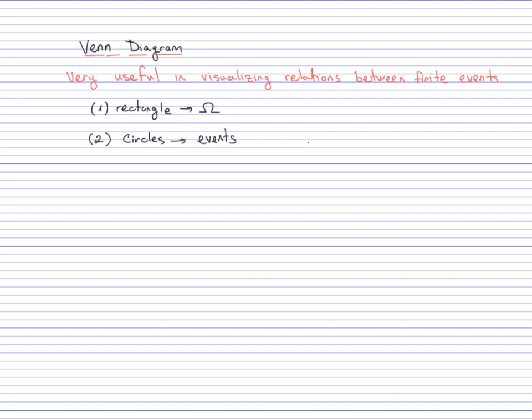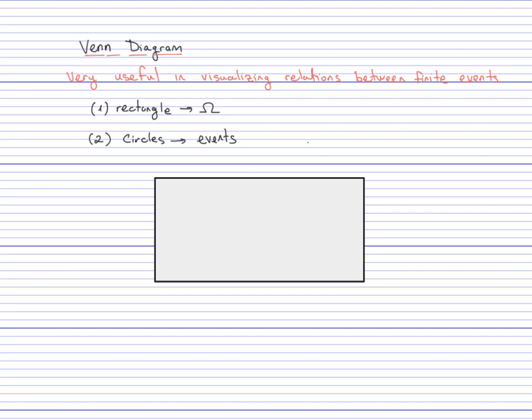We'll do a more complicated one in a few seconds. So let's draw a rectangle. This rectangle represents omega, all the different possibilities, and then we can draw a circle that represents a subset of omega, meaning an event. Okay, I'll show you an example and you'll understand why it's very useful.